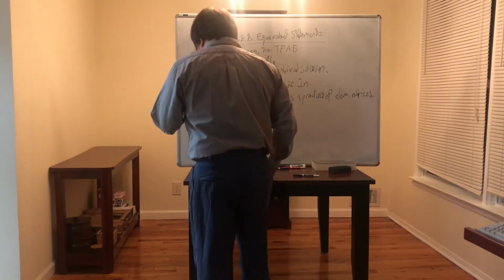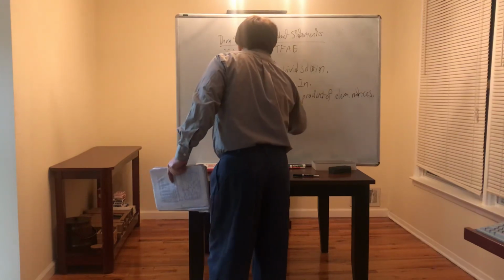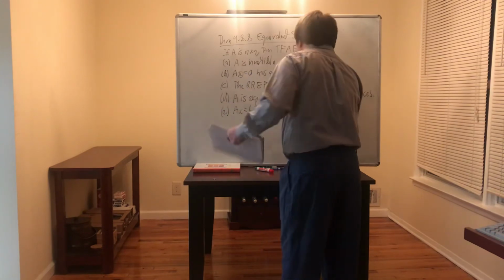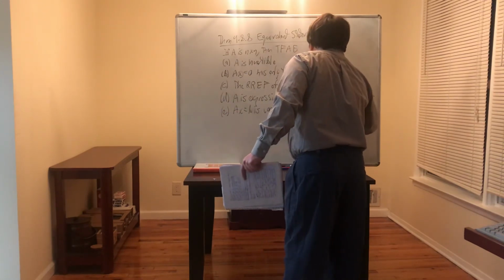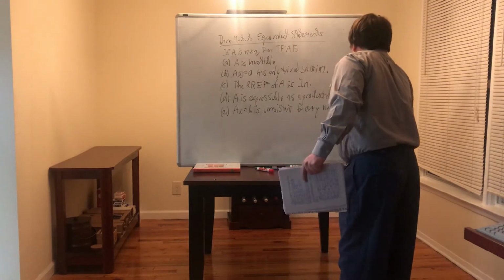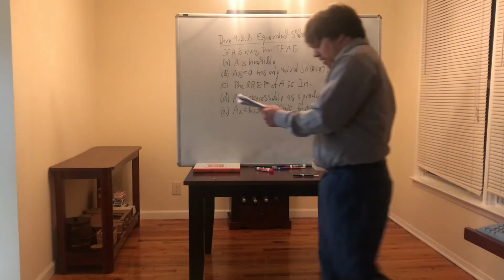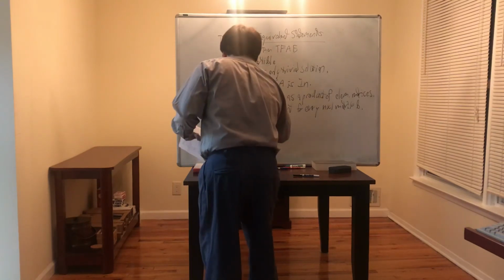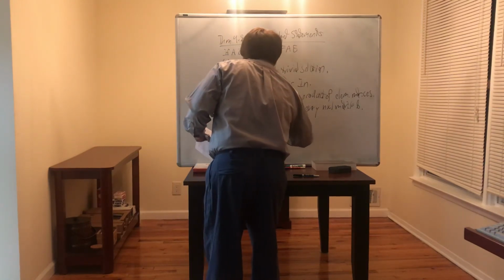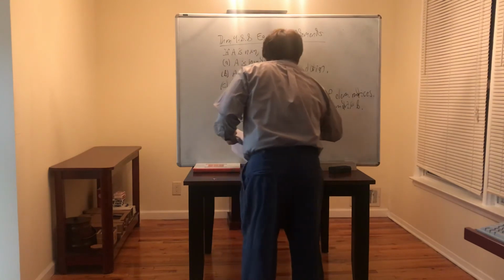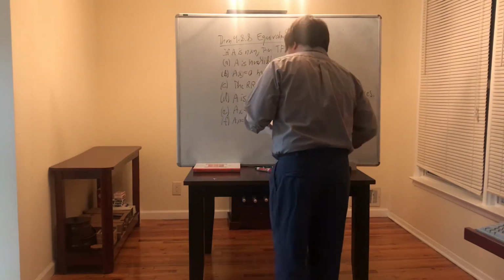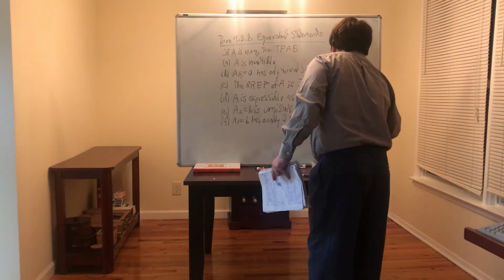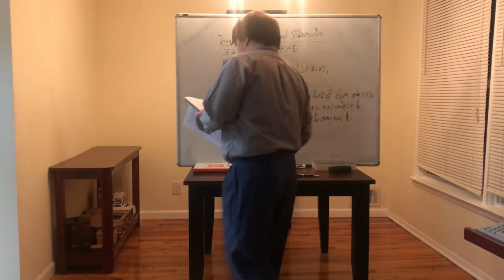E, AX equals B is consistent for every n by 1 matrix B. And so that's statement E, that's equivalent. Statement F, AX equals B has exactly one solution for every n by 1 matrix B.